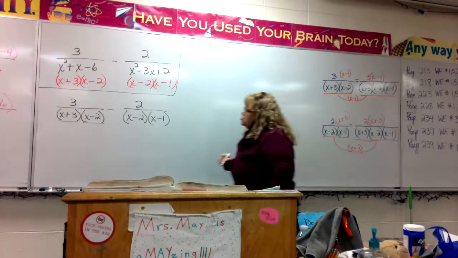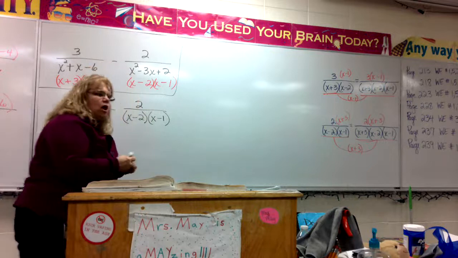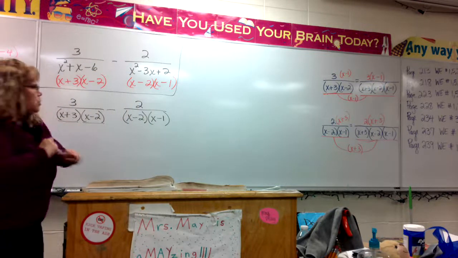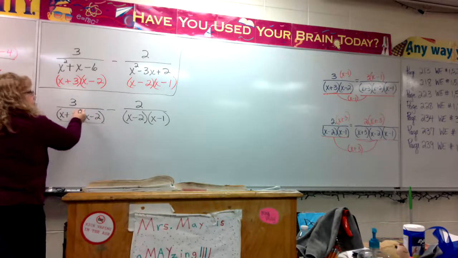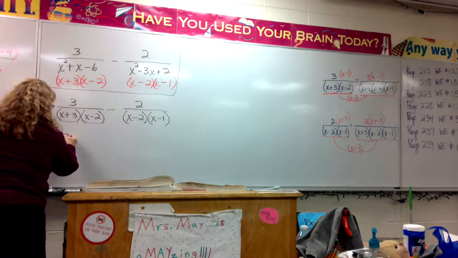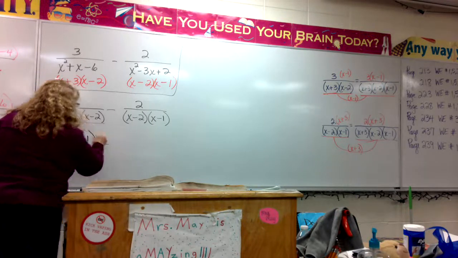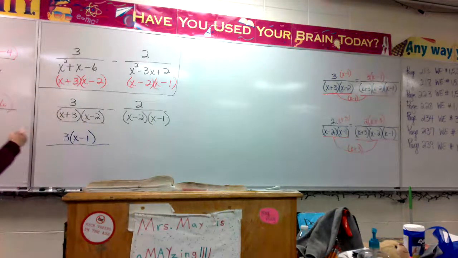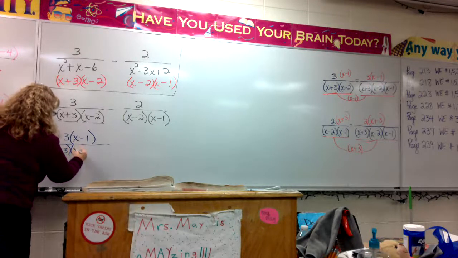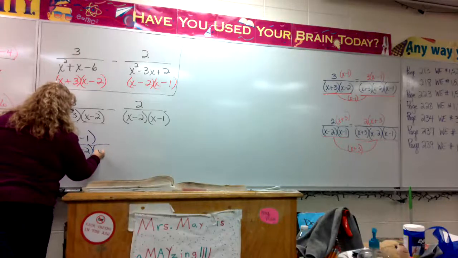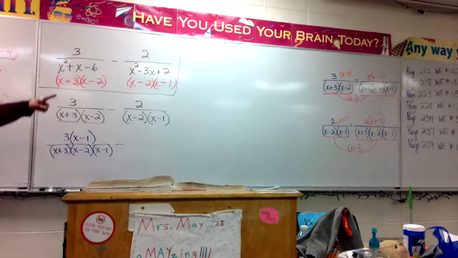So there's my 2 equivalent fractions. No matter which way I go, I usually will always run out of board. So I'm going to put them underneath here. This one, 3 times x minus 1. See that? That's the equivalent fraction from over there.